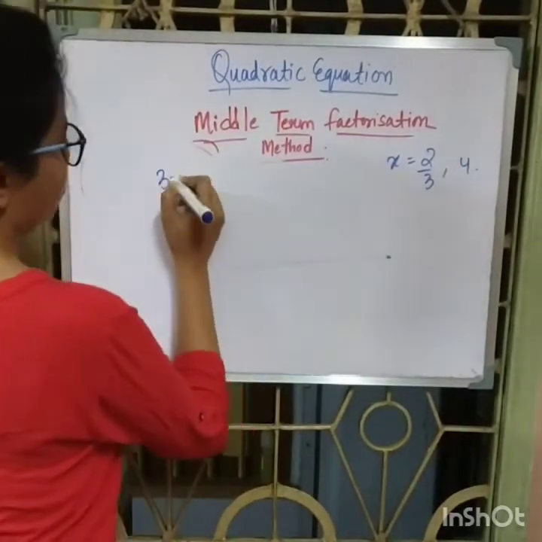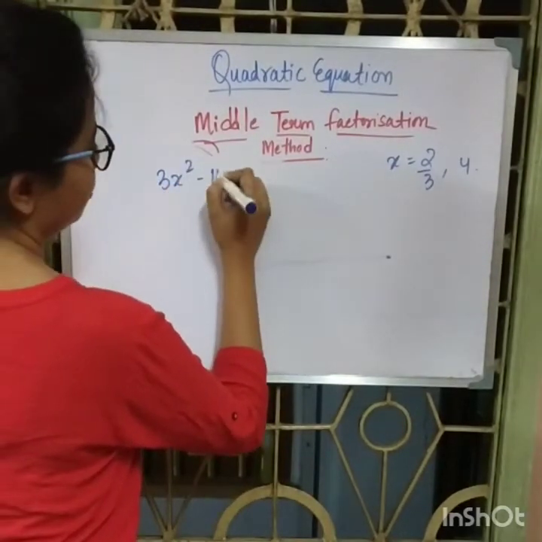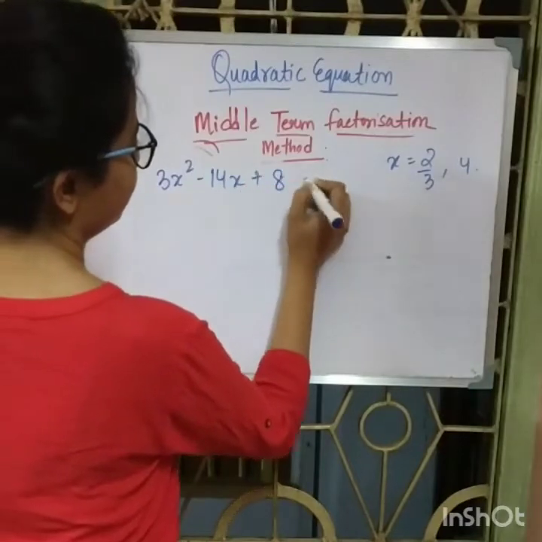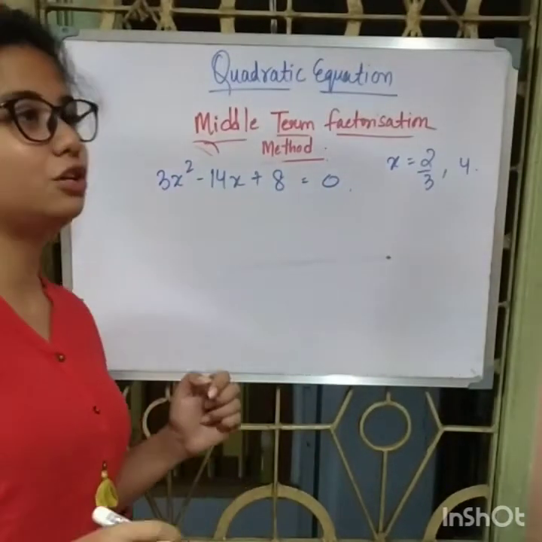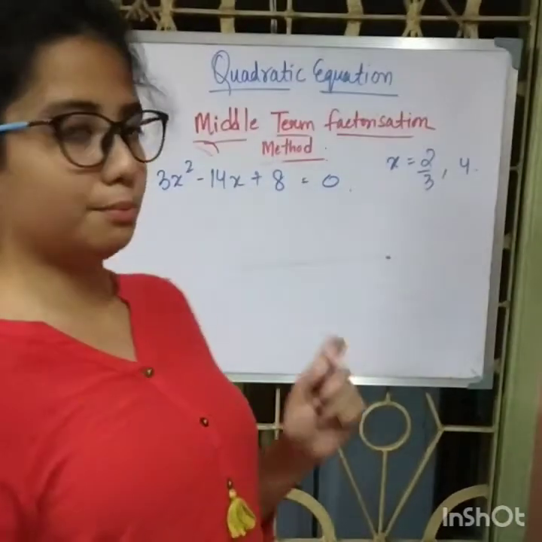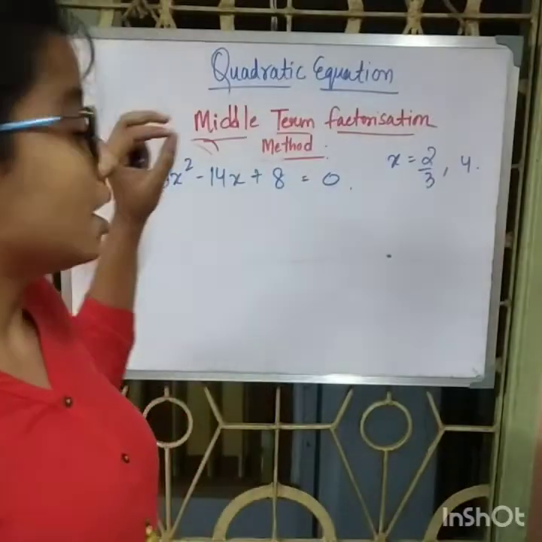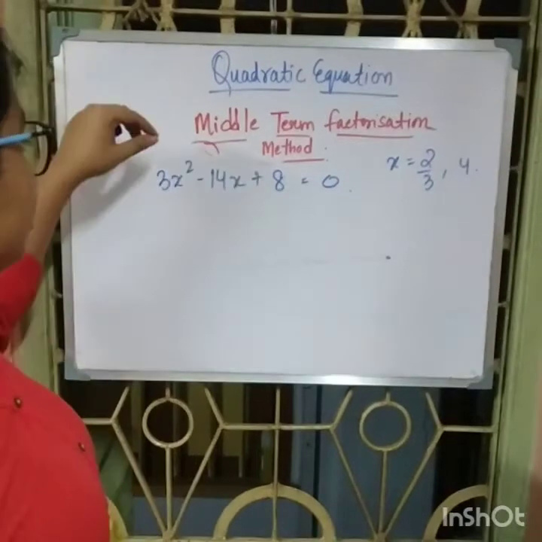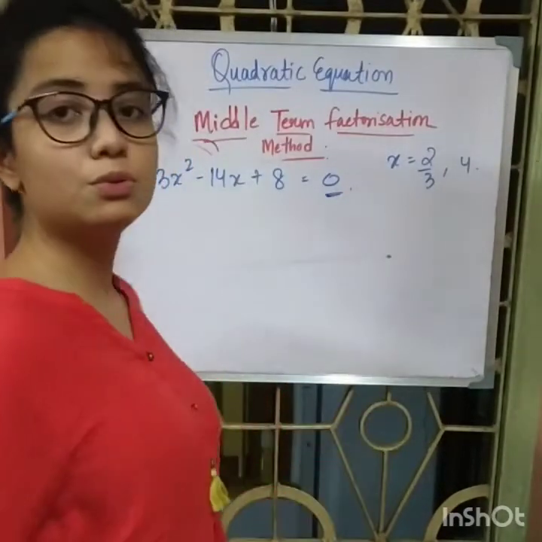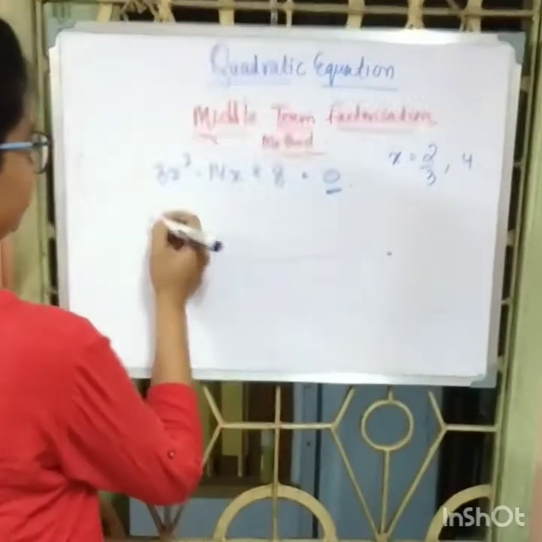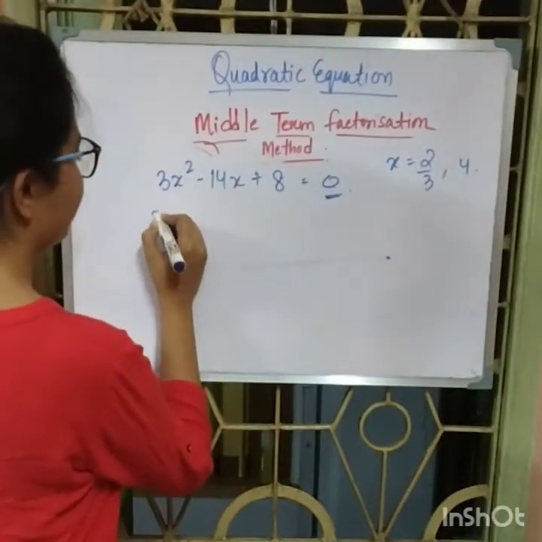My equation was 3x square minus 14x plus 8 is equal to 0, right? What is a solution? A solution is a number that if we put it in this equation, the answer will lead to 0. Let's check whether it happens or not.